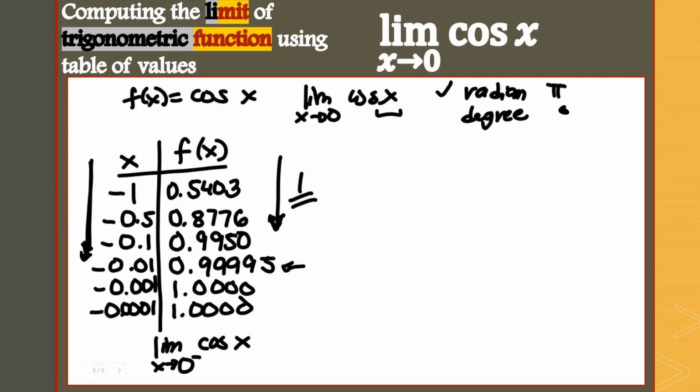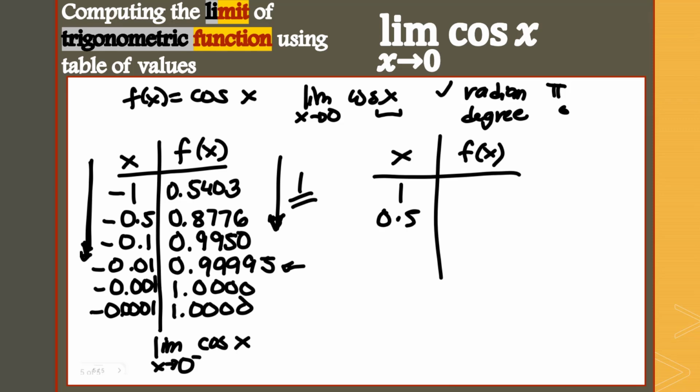Let's examine the values of f of x as x approaches 0 from the right. As we use only positive values of x, you have 1, 0.5, 0.1, 0.01, 0.001, and 0.0001. You can try this on your own, but we will have approximately the same values as we use the values from the right of 0.